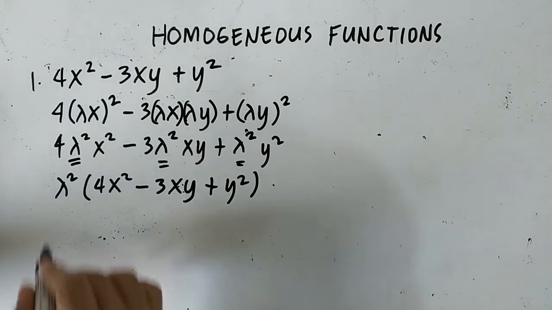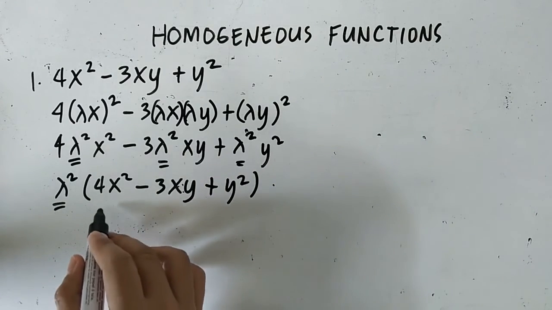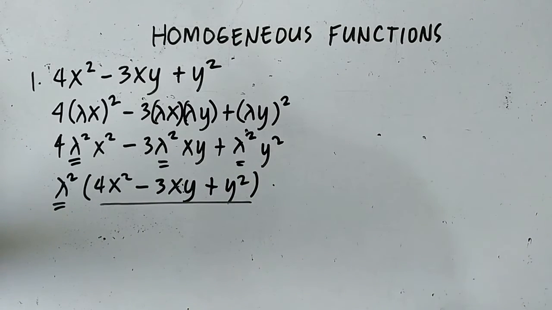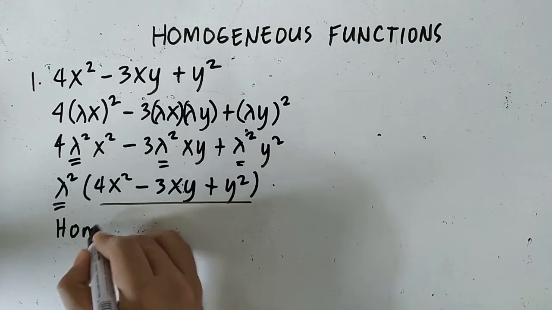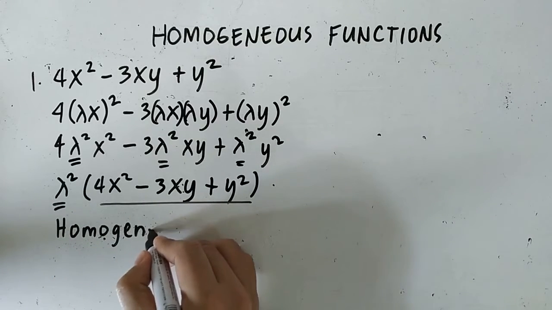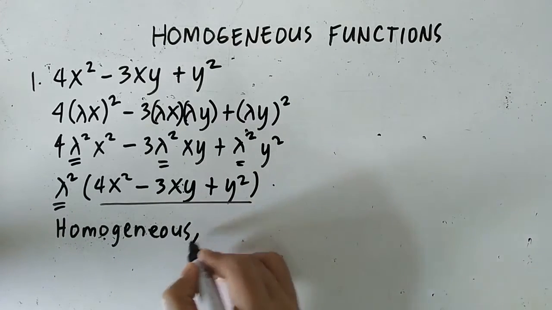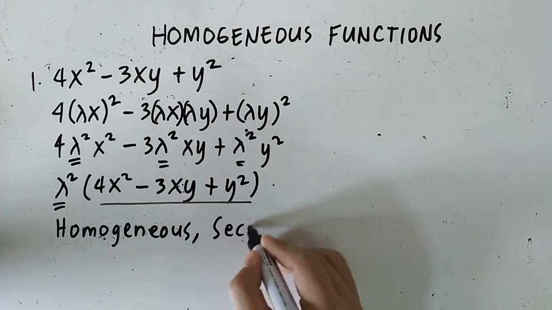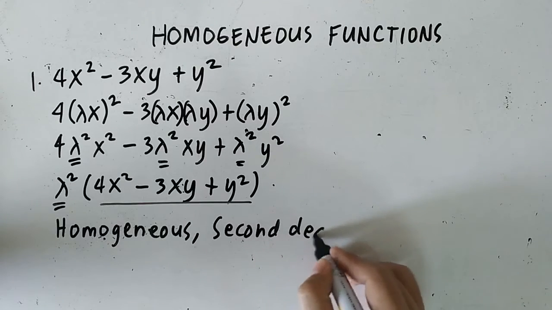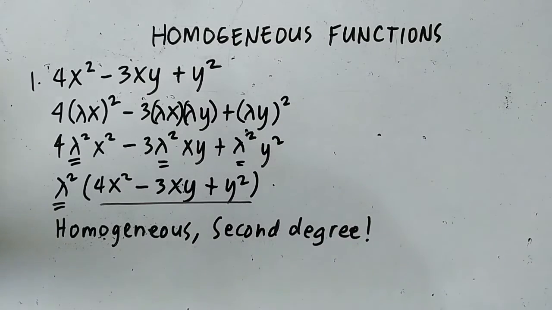And since we have factored out lambda and there is no lambda inside the function, we can say that the function is homogeneous. And what is the degree? The degree is second degree. So that is our first example, in order to determine whether a function is homogeneous or not.